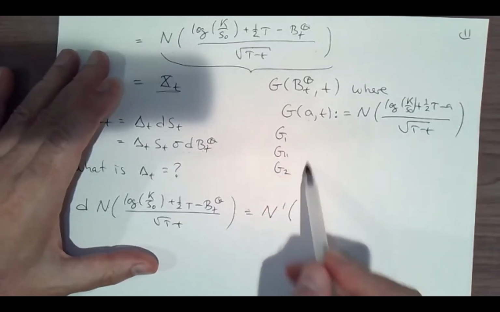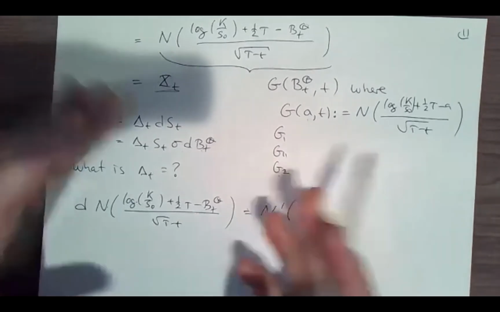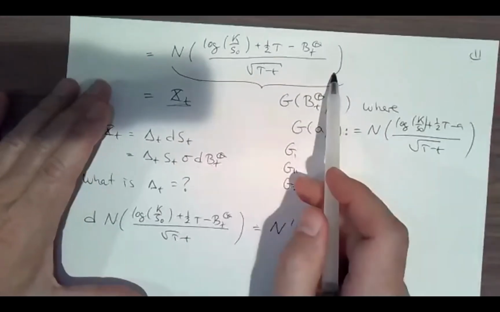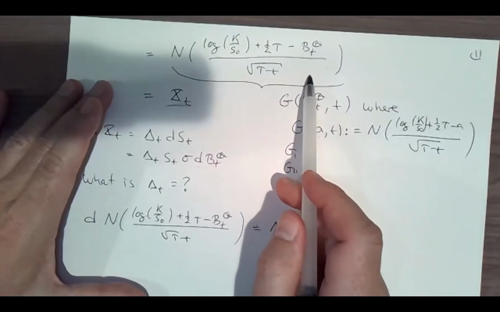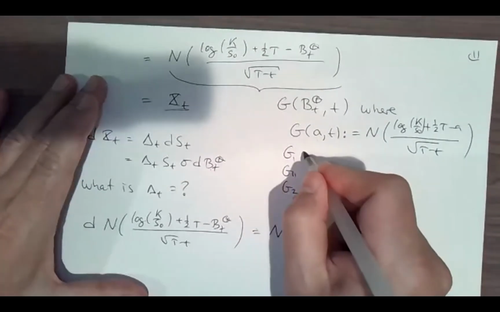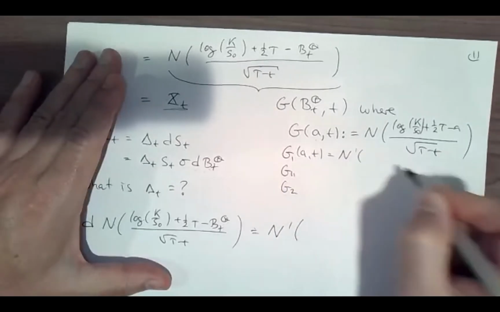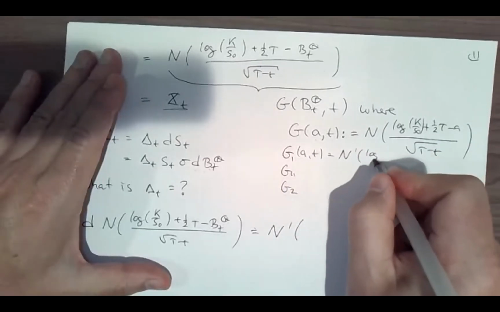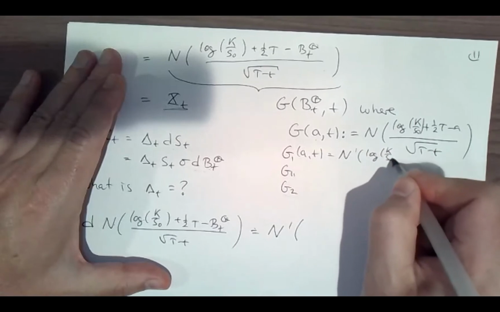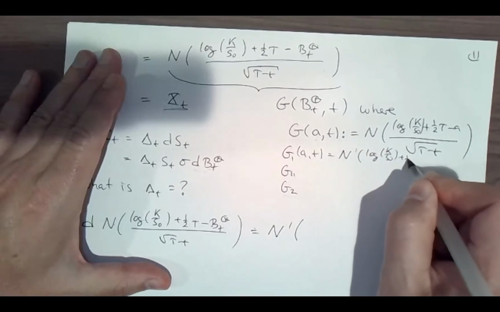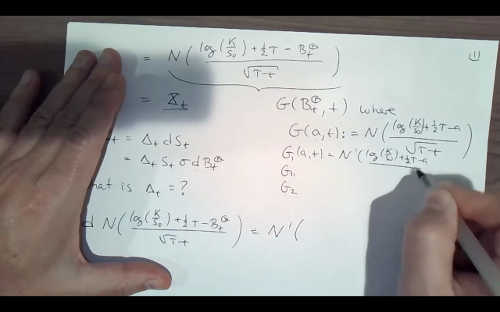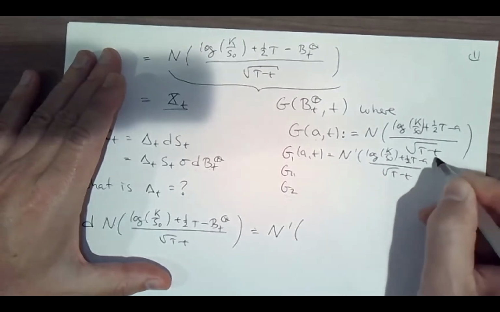I don't care about these last two terms because I know that the dt terms will add up to 0, because this is given to be a martingale. So I don't care about those. I'll just write out the first one, and I get n prime of all that mess in there, log k over s naught plus 1/2 t minus a, divided by root t minus t.